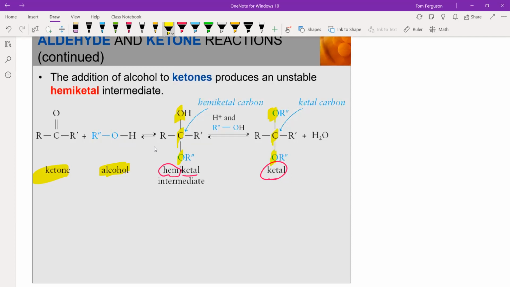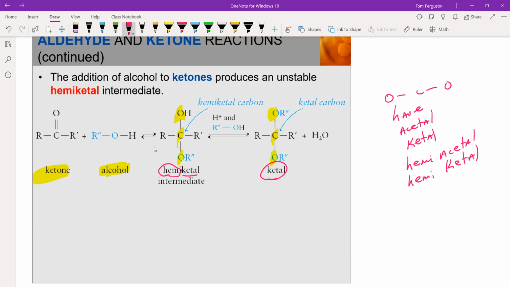If we have an OCO, we have an acetal or a ketal, which is the ketone version, or a hemiacetal or a hemiketal.